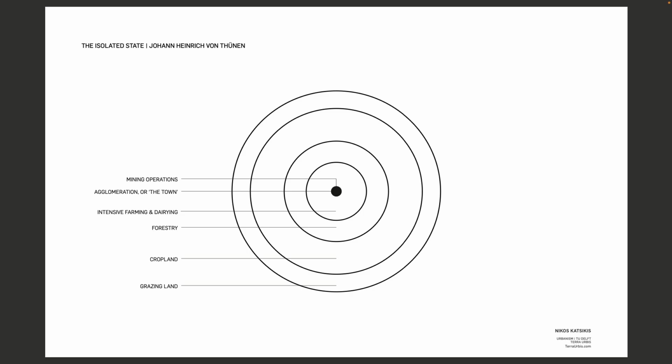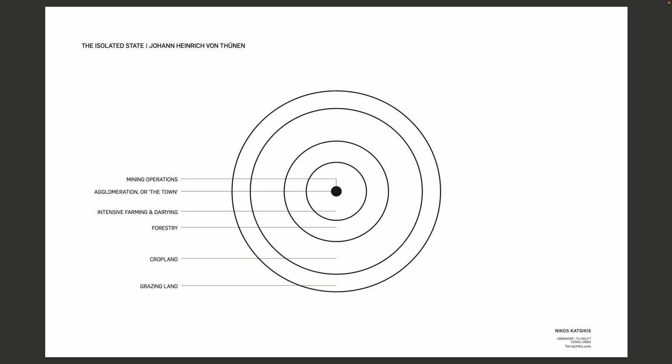We think that it corresponds to a condition that existed in the past, this romantic idea that you have the city or the town in the middle, and it has a hinterland around it, right? But this model probably never existed exactly like that. It's a theoretical model. These circles that you see around it, which organize land use around the town, are not based on any historical observation of how this was happening on the ground.